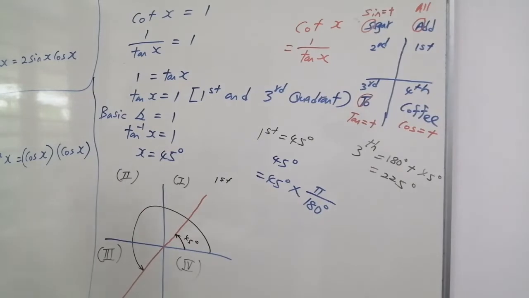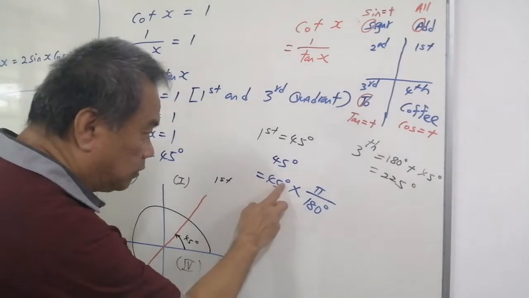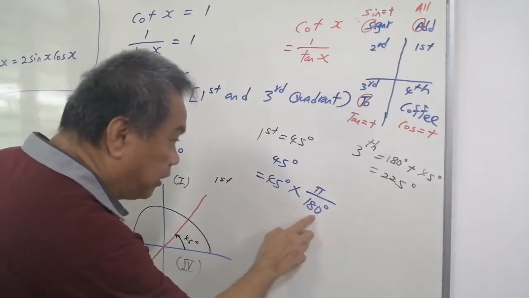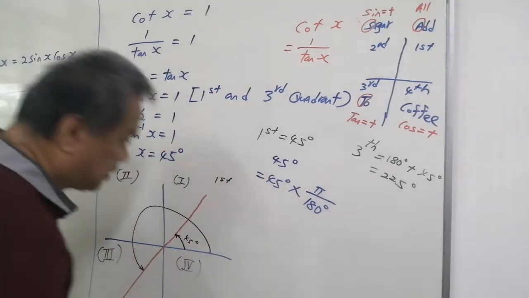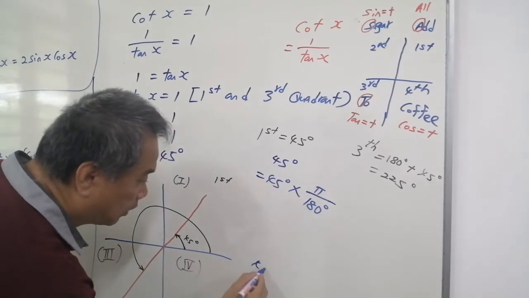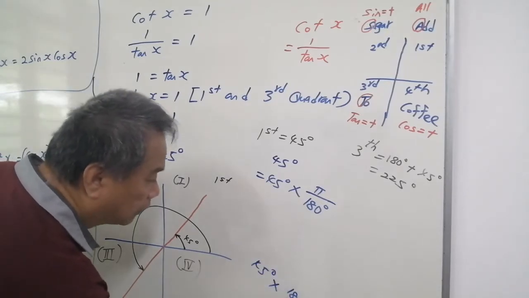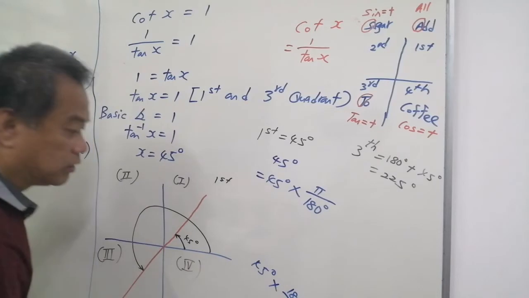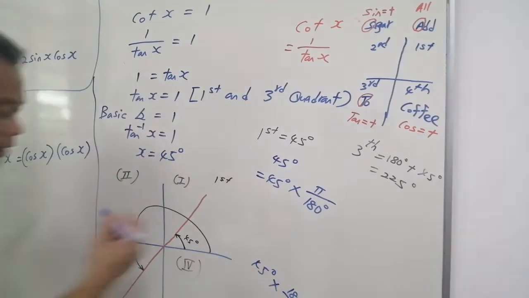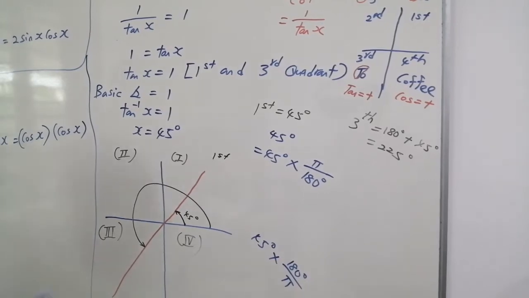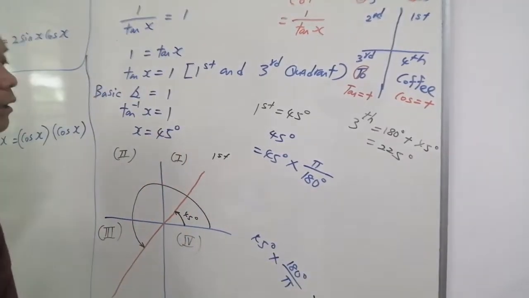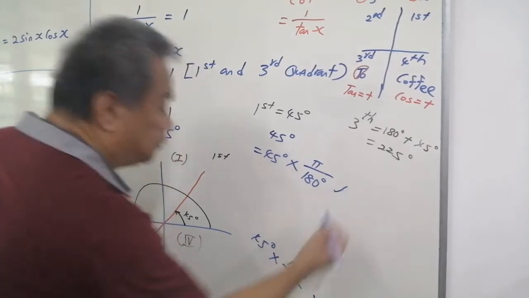Definitely, if I want to cancel the degree and degree here, my 180 should be at the denominator. If I put it like this, I put it wrongly. If I put 45 times 180 over pi, my degree and degree cannot cancel. So you are using the wrong formula. So this is the wrong formula. This one is the correct formula.